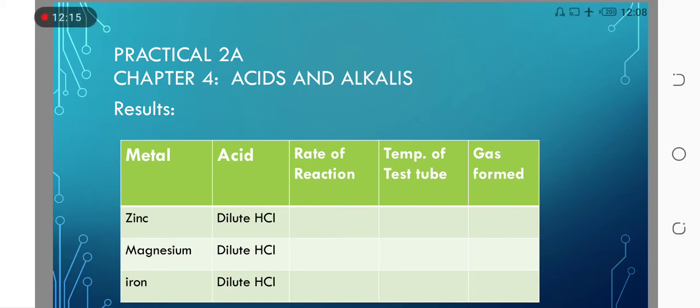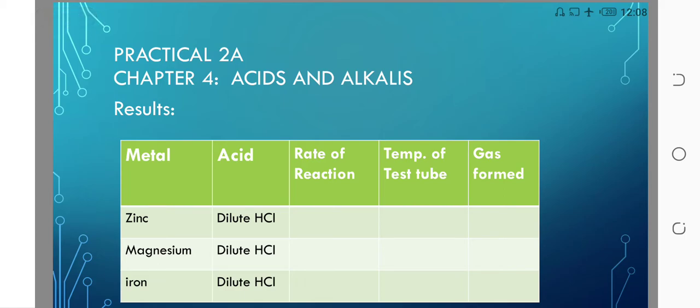And now come towards the temperature of the test tube. In all the cases, in the case of zinc, magnesium and iron, as the gases are produced, the temperature of the test tube will become hot in all the cases.